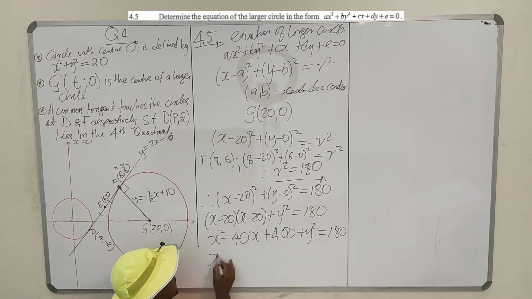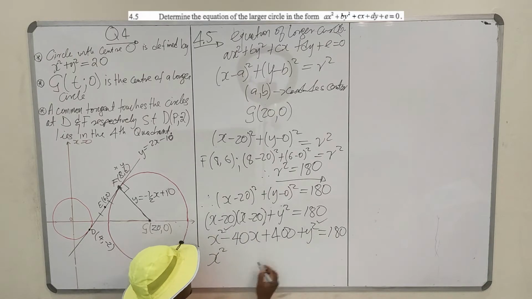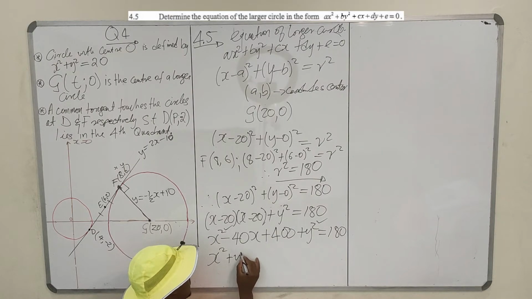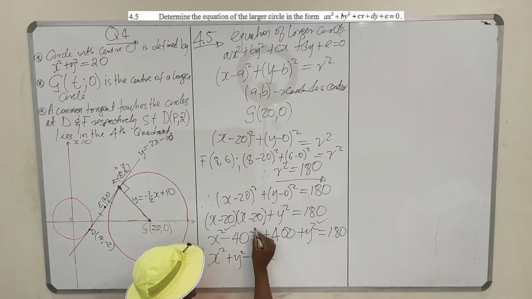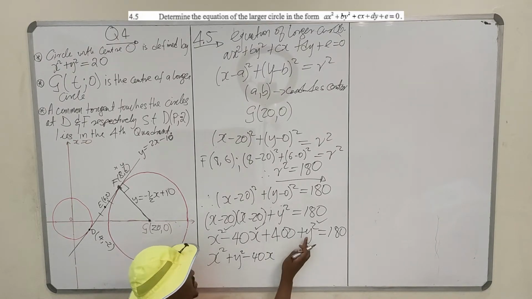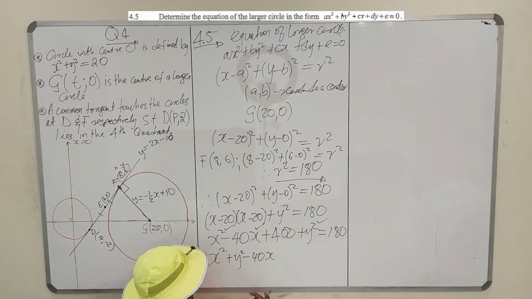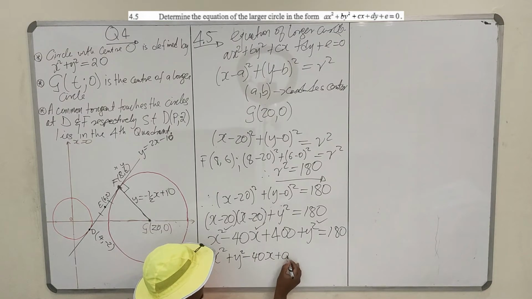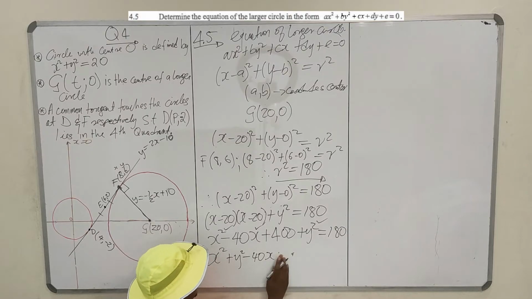So we have x squared, plus y squared, minus 40x. There's no y term, so maybe we can say 0y, but there's no need; you can just leave that out.